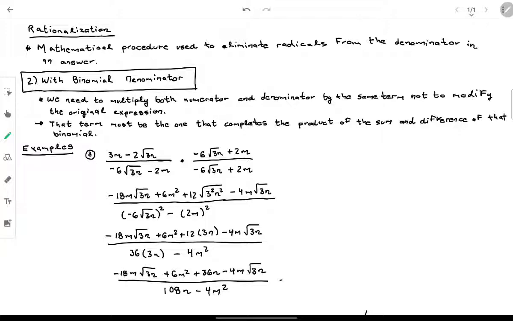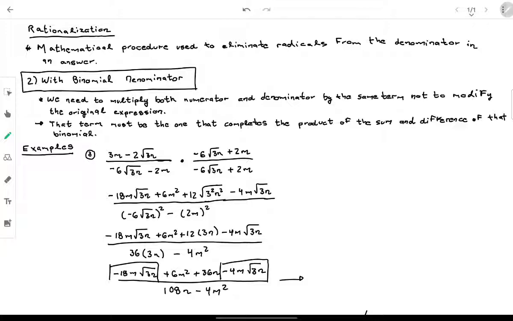So let's see if we have like terms that we can add and subtract. We have this one and this one because both have the same type of coefficient, something with m, and the same root, that is exactly the square root of 3n. So we can add them.